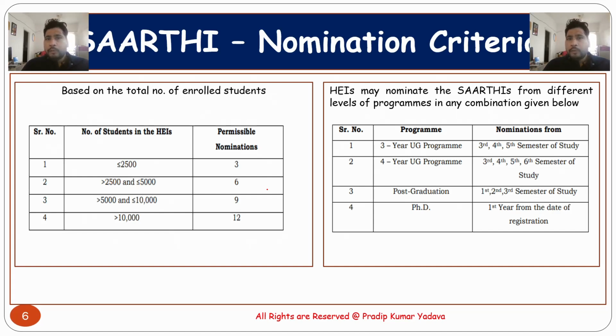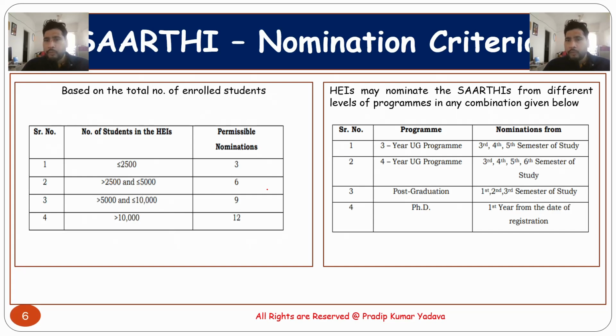Okay. And also here there are some programs mentioned. Higher institutions may nominate the Saarthi from different levels of program as given below. Here you can see there is a drawback also, because we also run BCom LLB and BBA LLB, which are 5-year UG programs, but they have not been mentioned in this.